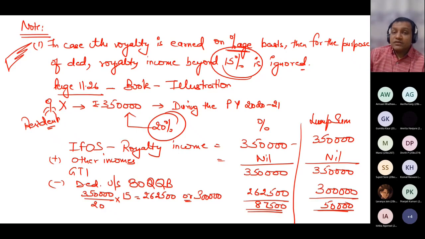For percentage, if the percentage is 12%, then also there is no problem. 14%, no problem. Till 15%, no problem. Very simple answer: royalty income or 3 lakh, whichever is less. The moment it exceeds 15%, extra work is created. First of all, you convert that royalty income, assuming 15% is there, compare that value with 3 lakh, and whichever is less will be allowed as deduction.